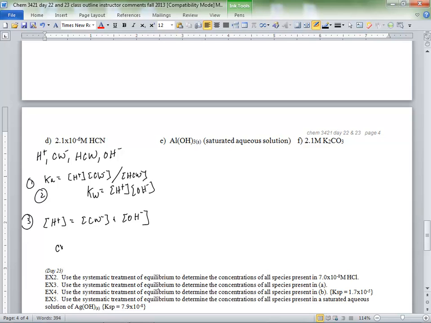So CN minus in all its forms is 2.1 times 10 to the negative 6. Okay, so that means 2.1 times 10 to the negative 6 is what and what and what? Concentration of HCN. And is there any other cyanides? Yes. Yeah, and cyanide. There you go. So that's our 4th equation.